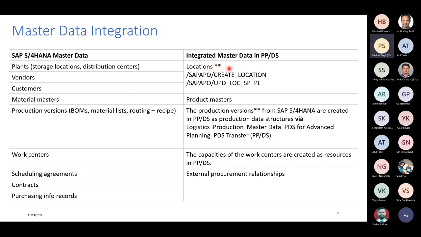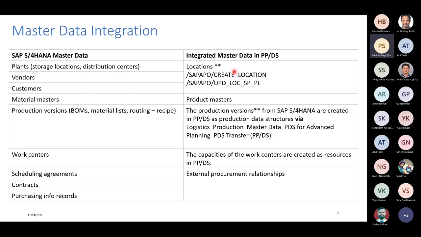Then there is something called location type in PPDS, by which we can understand that a particular location is of type vendor or of type DC. So within the master data called location in PPDS, we also have a location type by which we can differentiate that a particular location is a production plant, a distribution center, or a supplier.